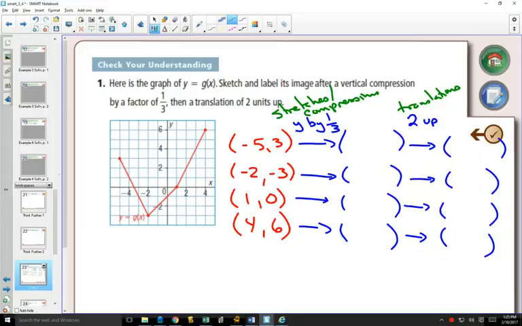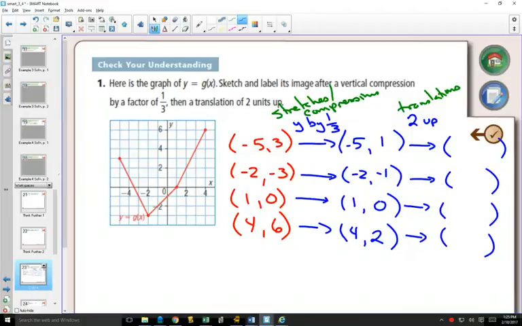So the only stretch compression that we have affects our y values. So all of our x values are going to stay the same. And our y values are multiplied by 1/3. So if you're going to make mistakes, you're going to make little arithmetic errors here.